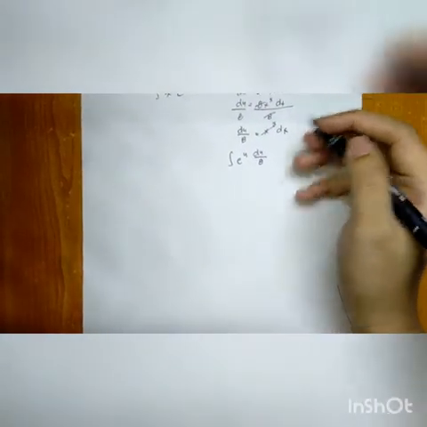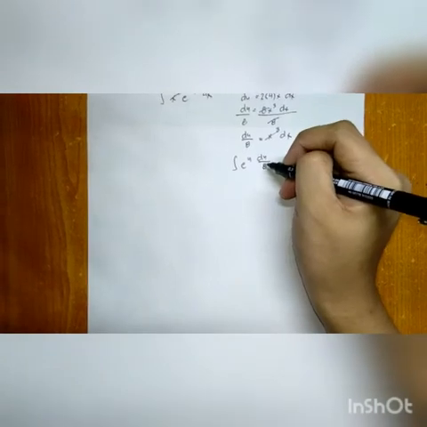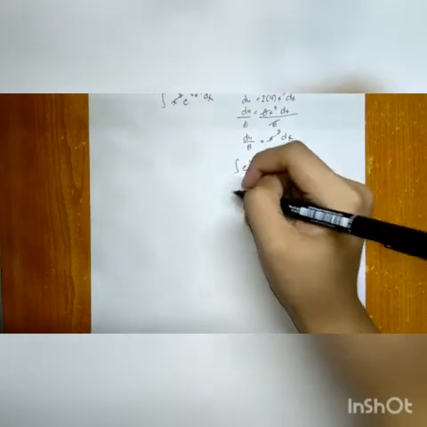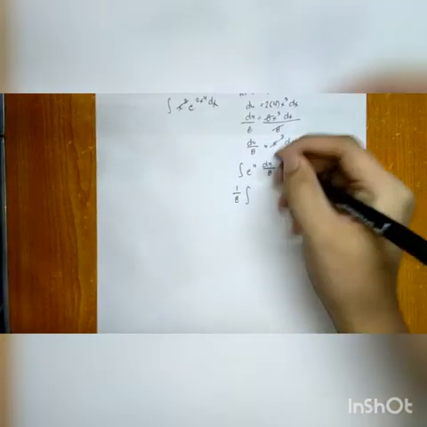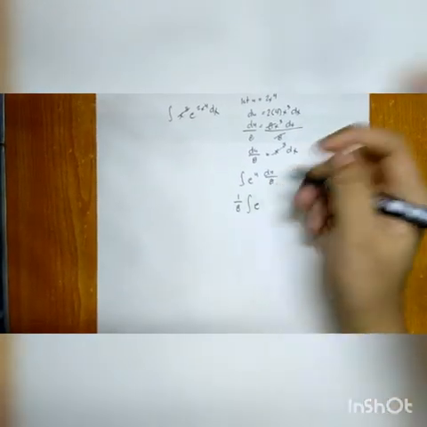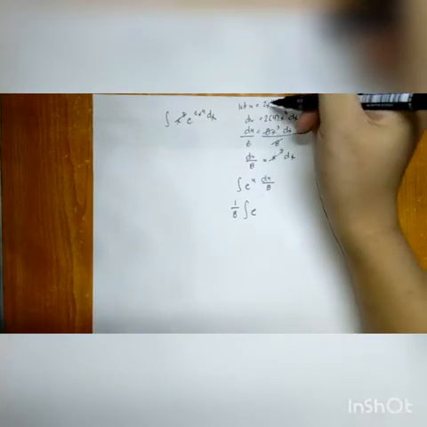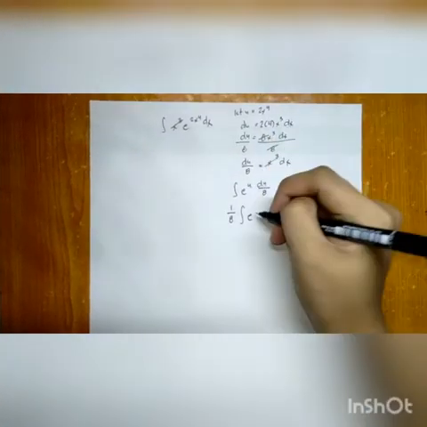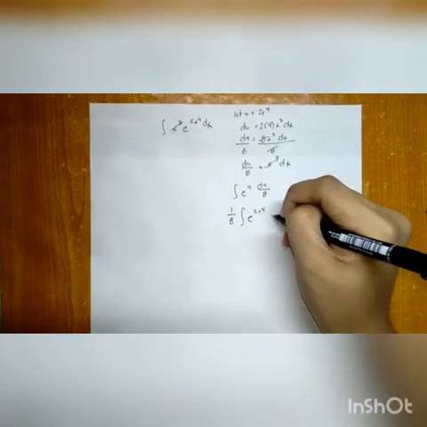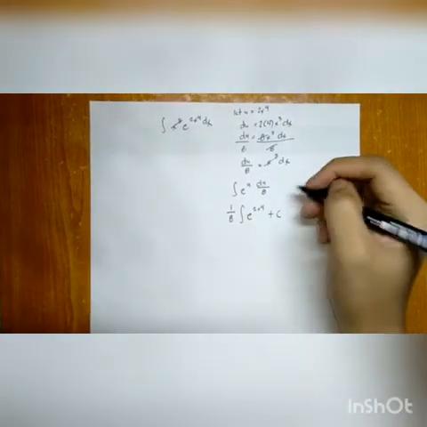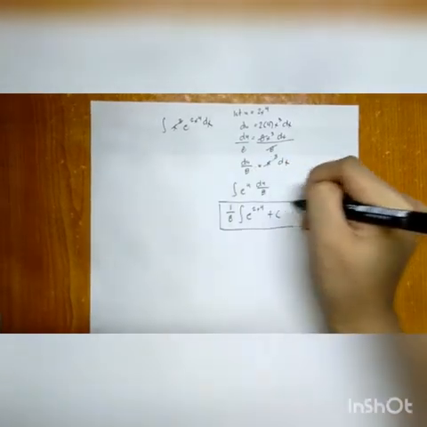Now, we will put the constant 1/8 outside. The integral of e to the u. Now, we will be putting the 2x raised to the 4th again in place of u. Then, add the constant. Here is our answer.